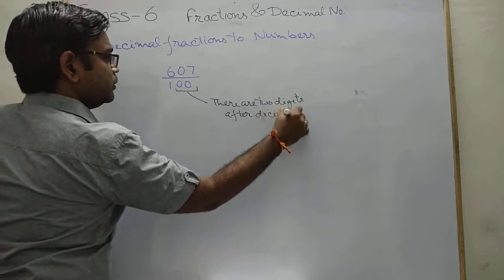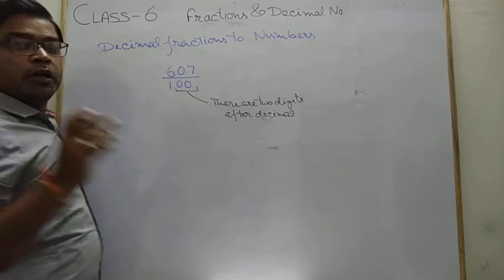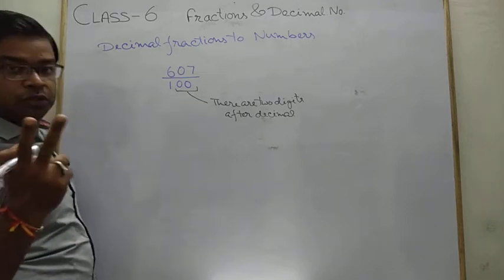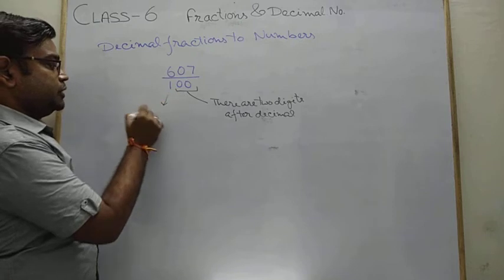Clear? There are 2 digits after the decimal because there are 2 zeros in the denominator.